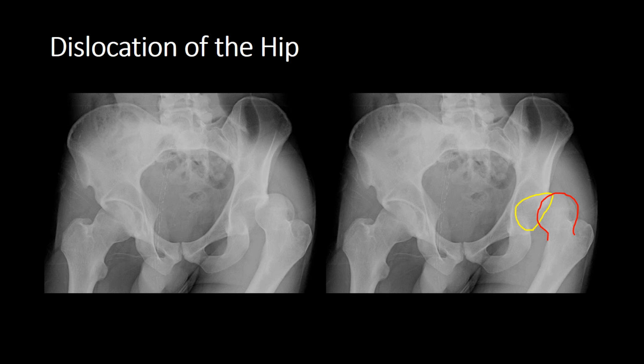We can quite clearly see the abnormality on this image where the femoral head is not congruent with the adjacent acetabulum. But the important thing to evaluate is the acetabulum to see if there are any associated fractures. You should also look particularly hard at your ilioischial line and your iliopectoral line.